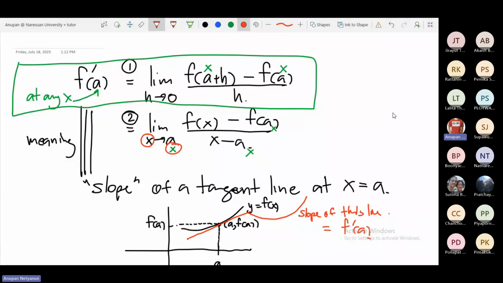So when you talk about the derivative at any x, you will not see the definition of it in this form at all, okay? As I showed you the problem that happened here, it makes this definition more confusing. So you just see this guy here, okay?